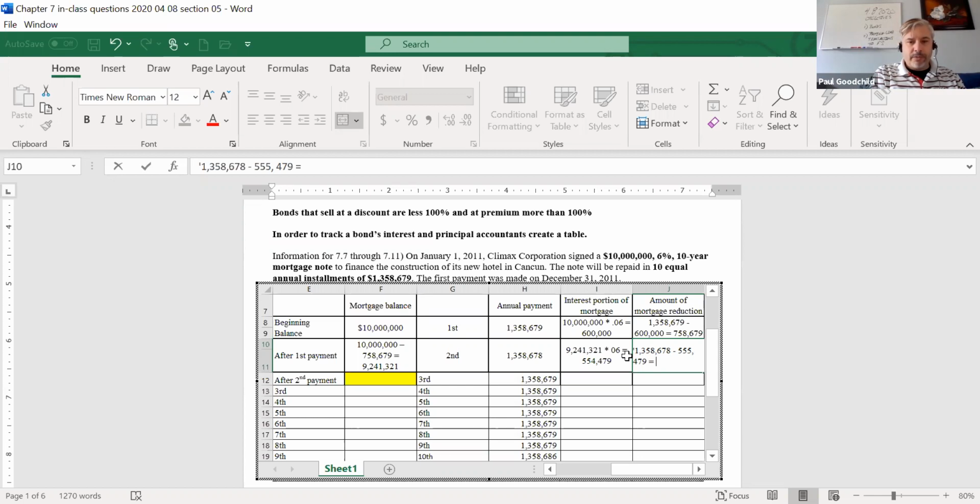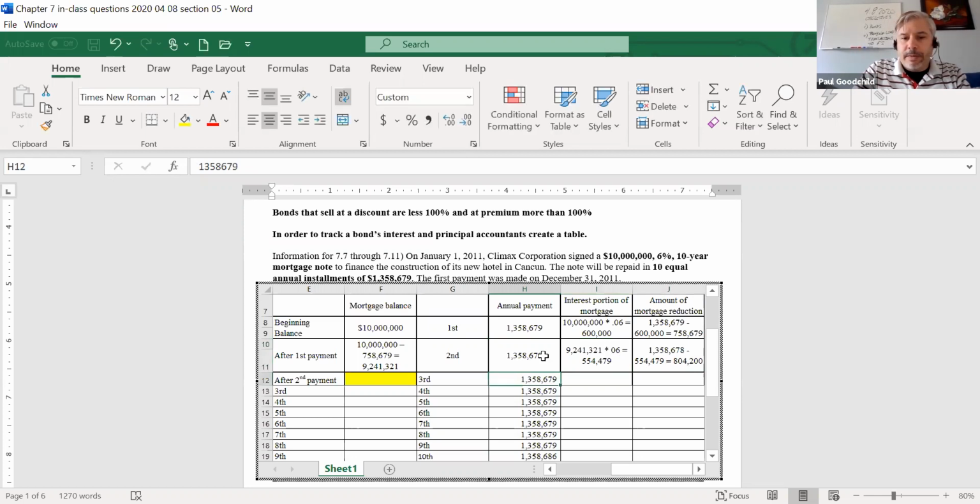I will correct those. $804,200. Sorry, that's $554. Here, this is $679. Sorry about the typos there.